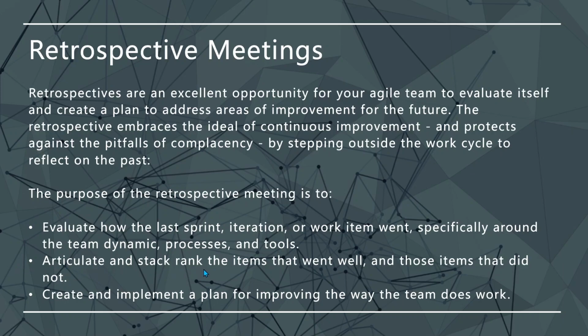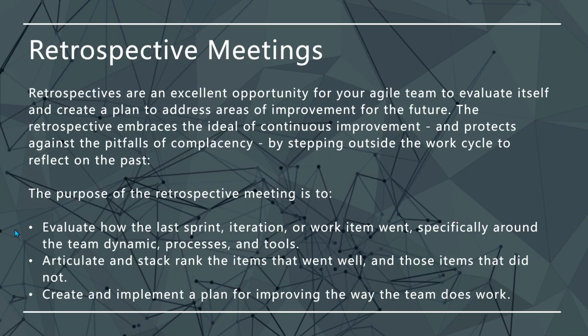Articulate and stack rank the items that went well and those items that did not go well. Create and implement a plan for improving the way the team does work. There are a lot of things that will happen around a retrospective meeting, but these are the key points you need to concentrate on whenever you walk into one.